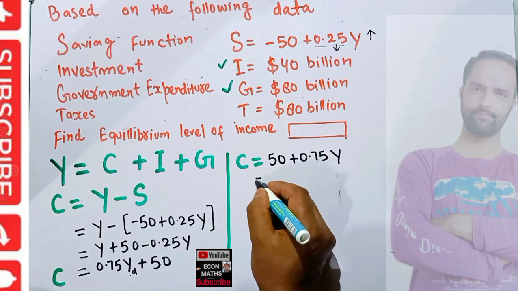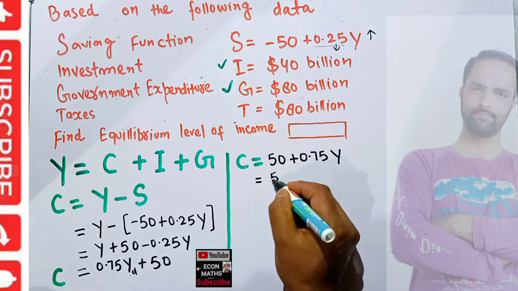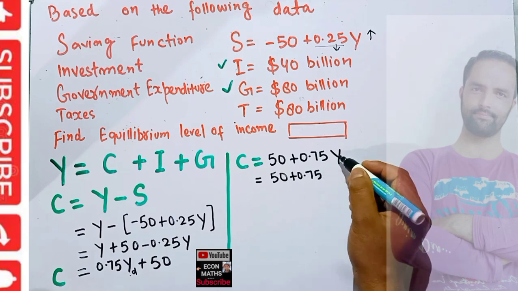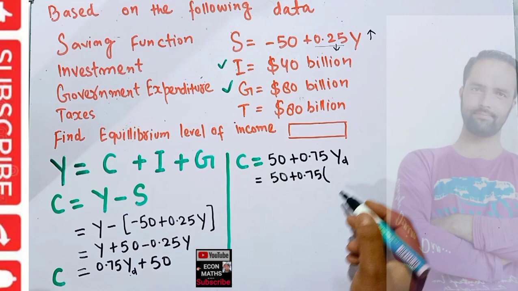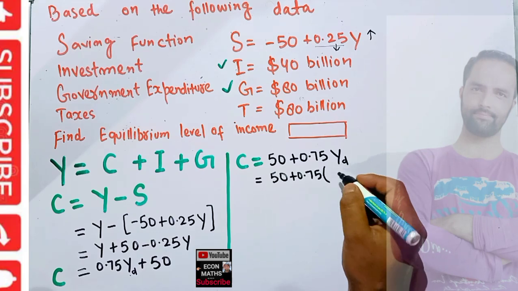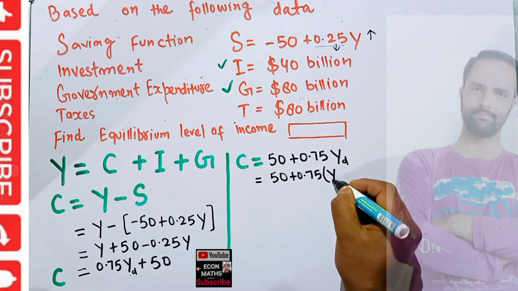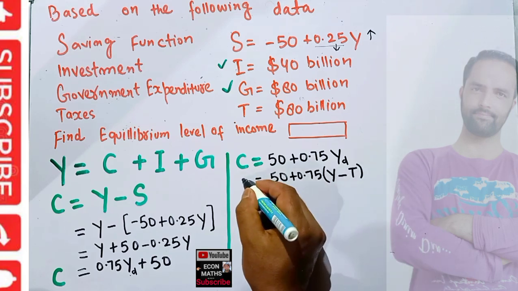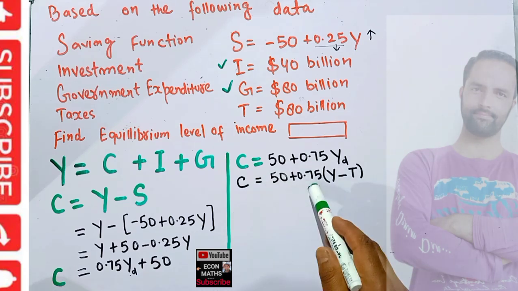We can write it like this: consumption will be equal to 50 plus 0.75, and in place of y I can write, let us denote it by yd, that means disposable income. So disposable income can be written as our total income minus the taxes we pay, okay? This is our consumption function. This 0.75 is our marginal propensity to consume.